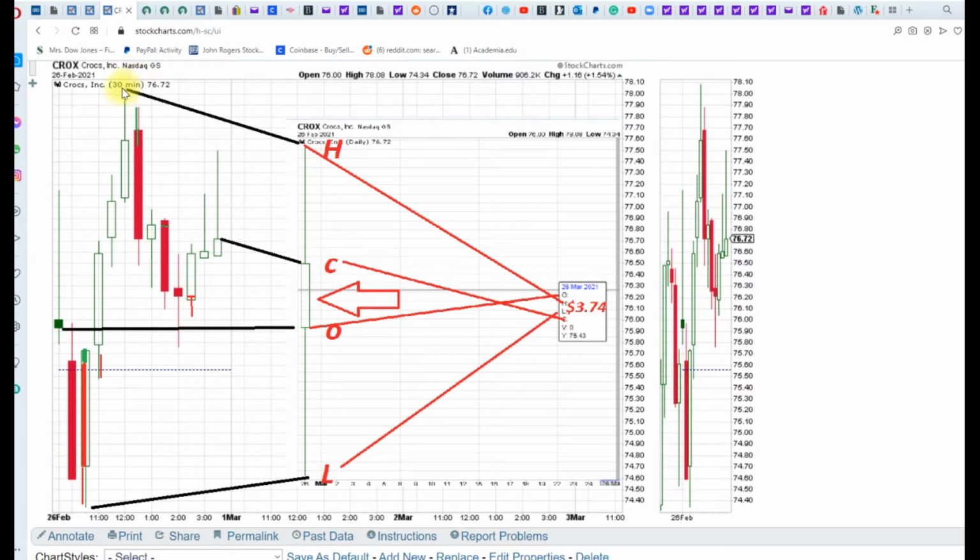A short seller would have shorted the stock here and then bought back the contract in here, normally about 76.20 through 78. So he could have shorted and made $2 per share. If he shorted 100 shares, he would make $200. If he shorted 1,000 shares, he would have made $2,000.